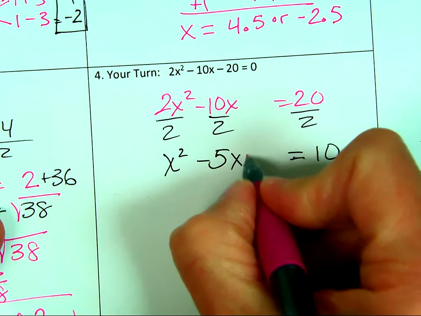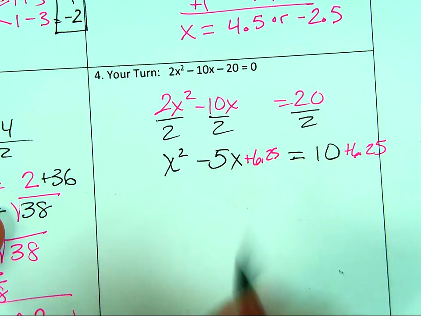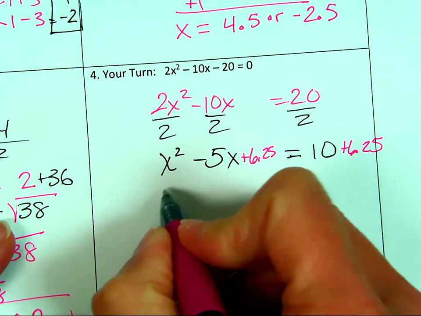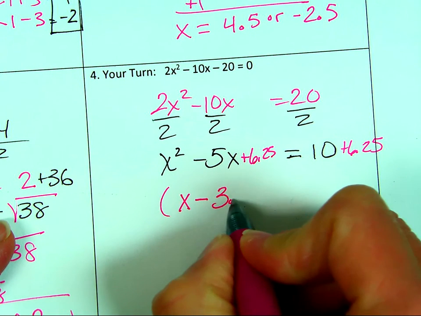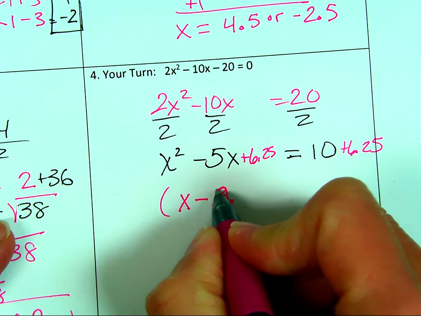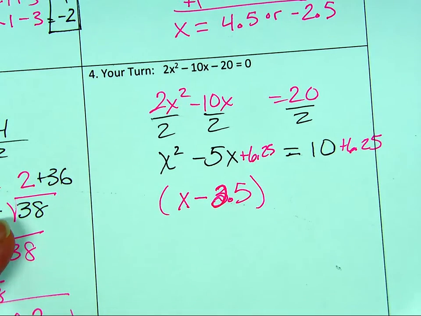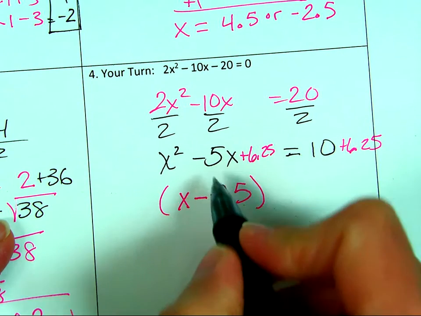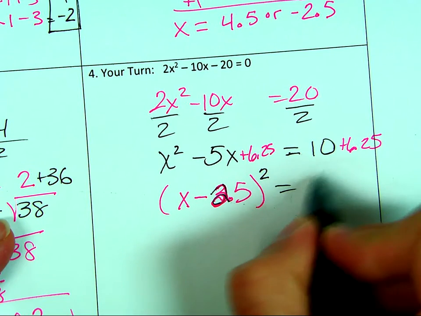So I'm going to say 6.25 plus 6.25, which gets me 16.25. So I'm going to factor this side. Remember what it was, I'm sorry, that would have been 2.5. Half of 5 is what goes here, and then this is 16.25.